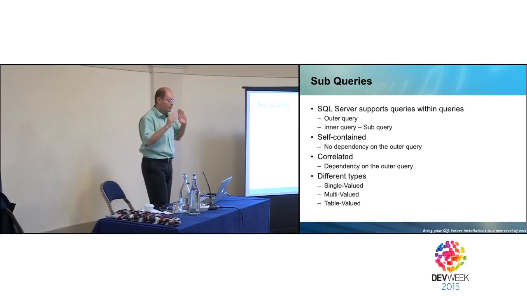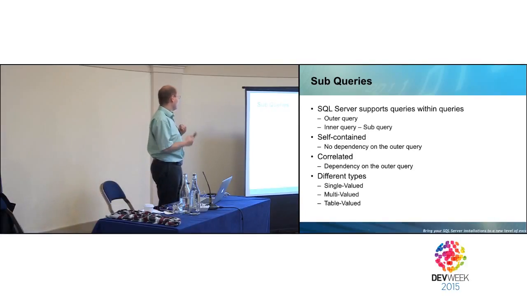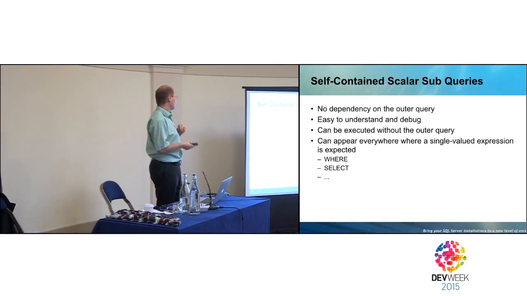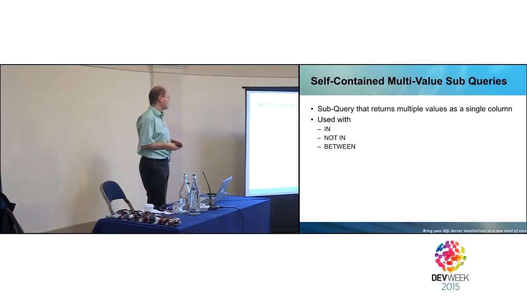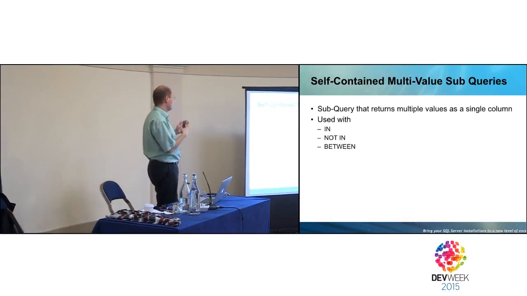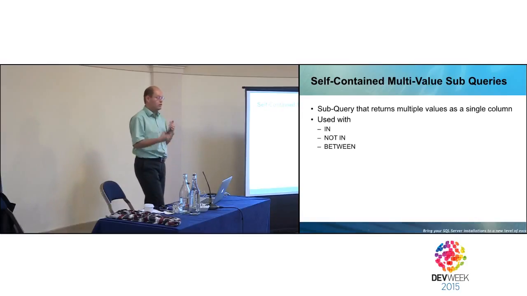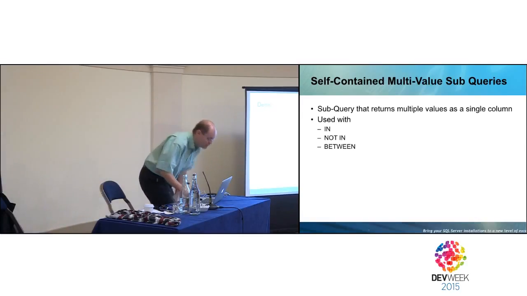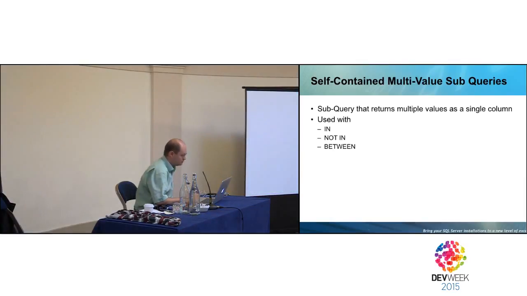We just specified that on the logical level. As I've said, self-contained subqueries are very, very easy to use, and can be used everywhere where SQL Server expects a scalar expression, like in a where, in a select, and so on. We also have so-called multi-valued subqueries, which we can use in combination with an in, not in, between, and so on. Let's have a look at them.